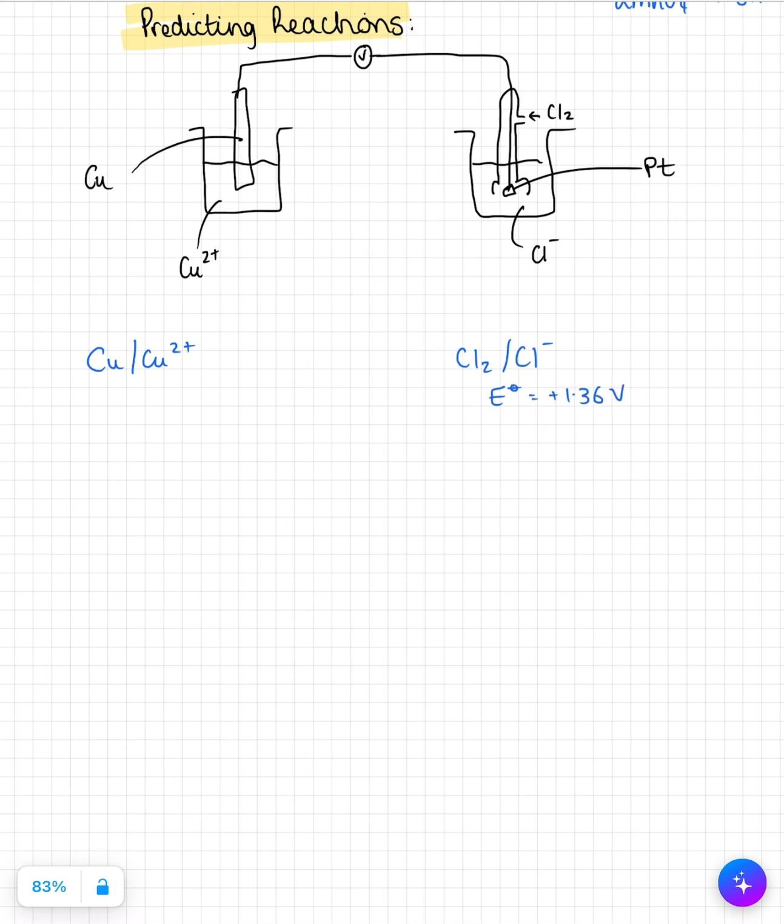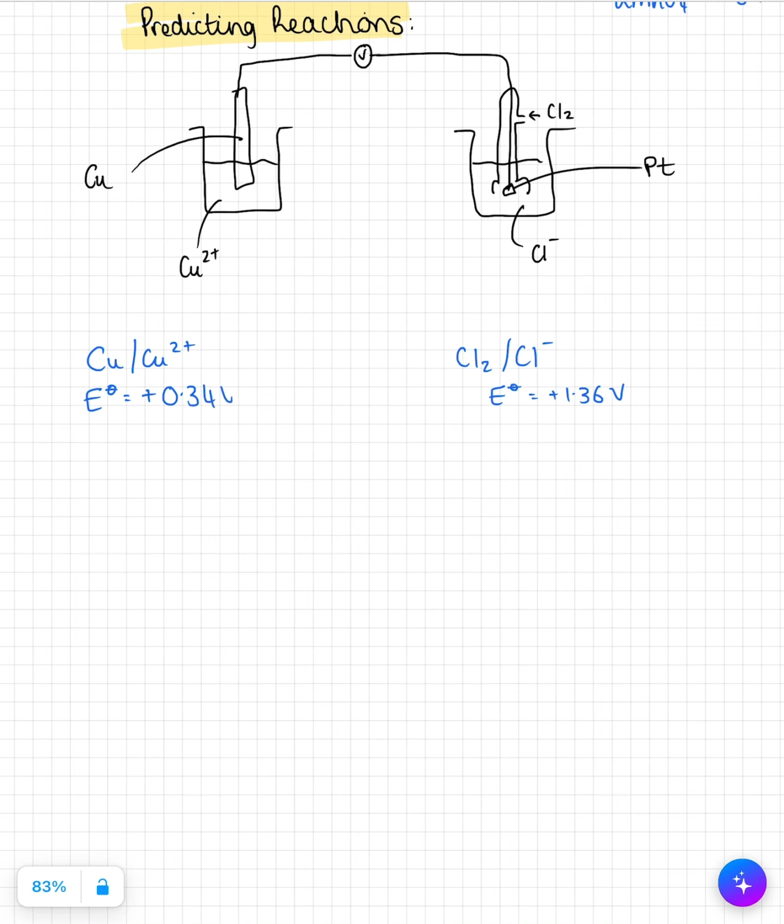Remember, that's for the reduction. Then we're going to look at the E for the copper, and the copper is plus 0.34. So again, these are for the reduction processes.